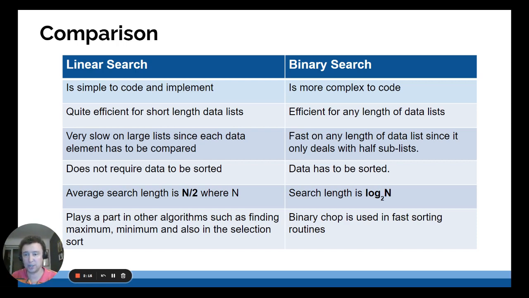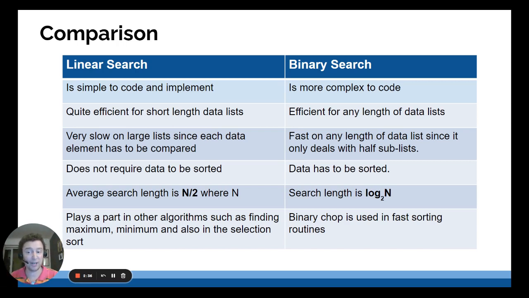I would say that once you're getting to lists of like 20, 30, binary search is much more efficient, as long as it's been sorted first. Linear search is slow to find items in a large list because each item has got to be compared. Binary search much faster, because it halves the list. It cuts things in half very quickly.